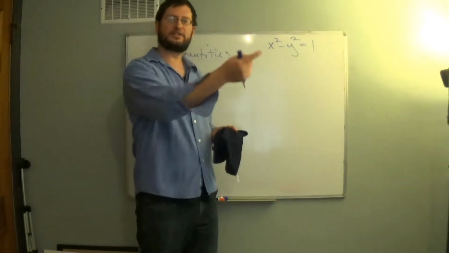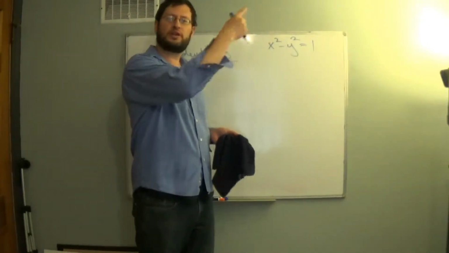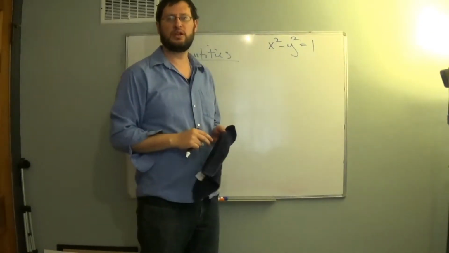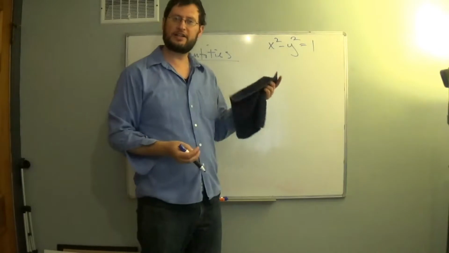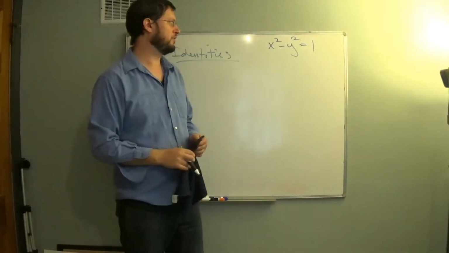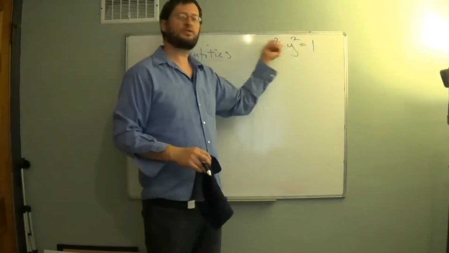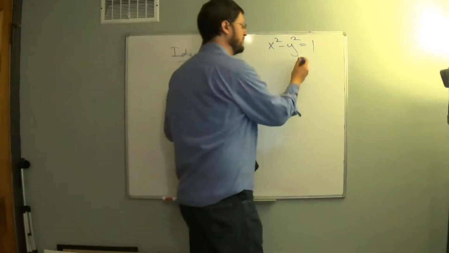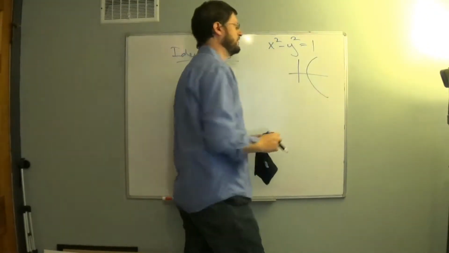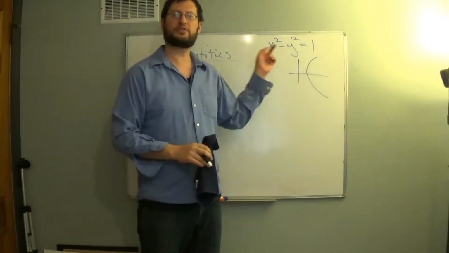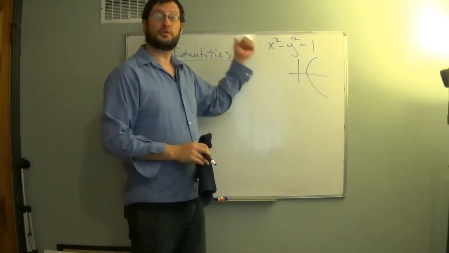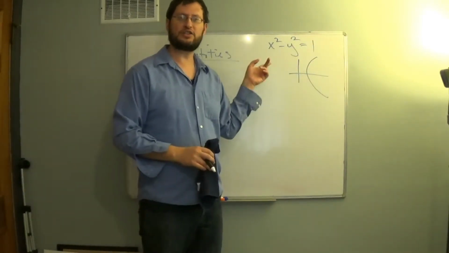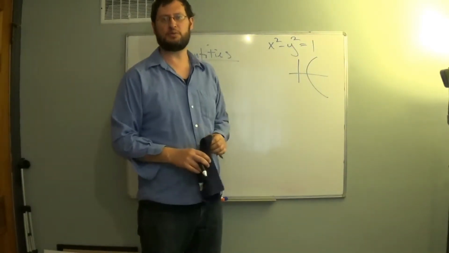We take the x as the x coordinate, or cosine is the x coordinate as we move around the circle, and the sine is the y coordinate as we move around the circle. When we do hyperbolic functions, we're looking at this hyperbola x squared minus y squared equals 1 rather than the circle. And cosh is the x coordinate as we move along this, sine h is the y coordinate as we move along this.